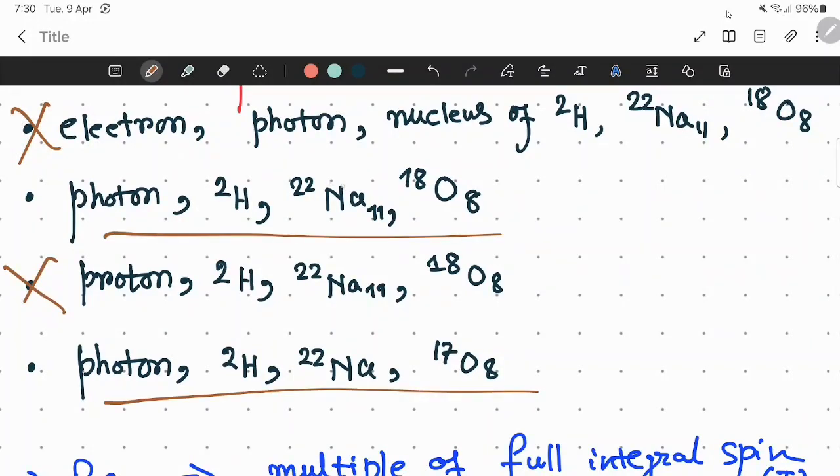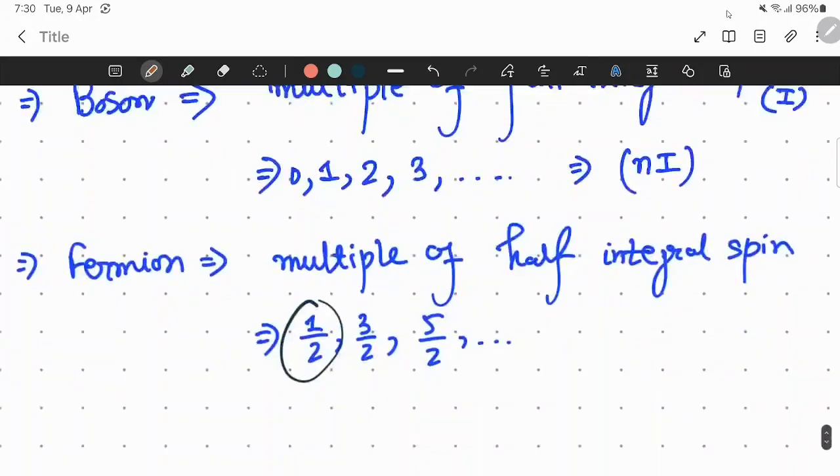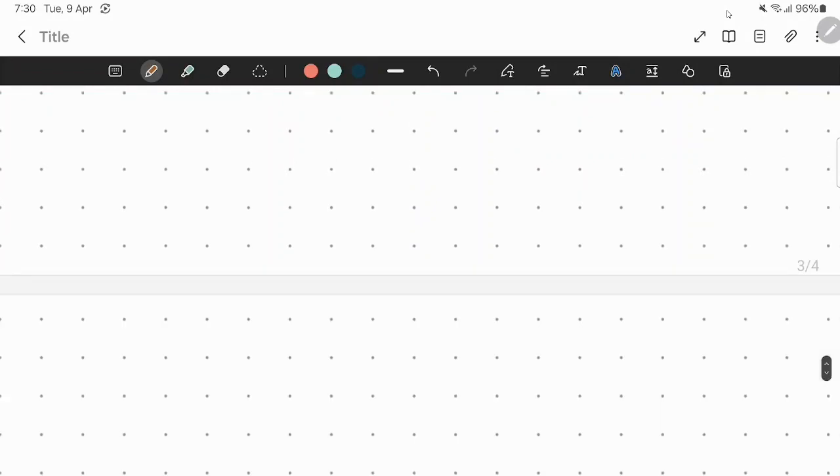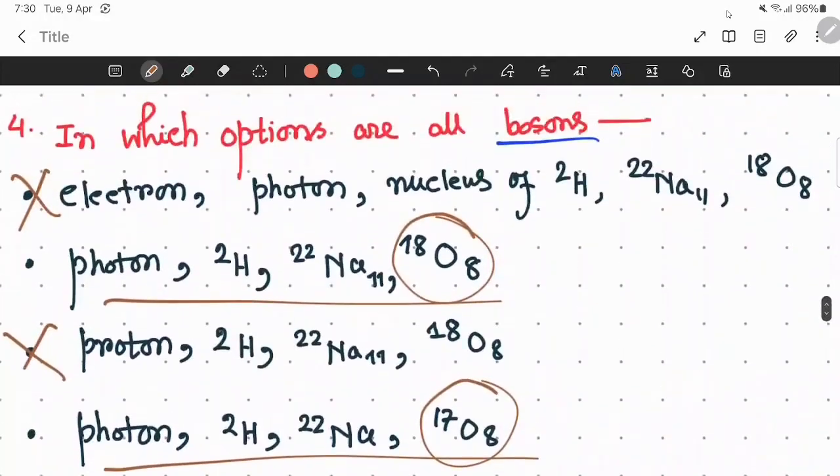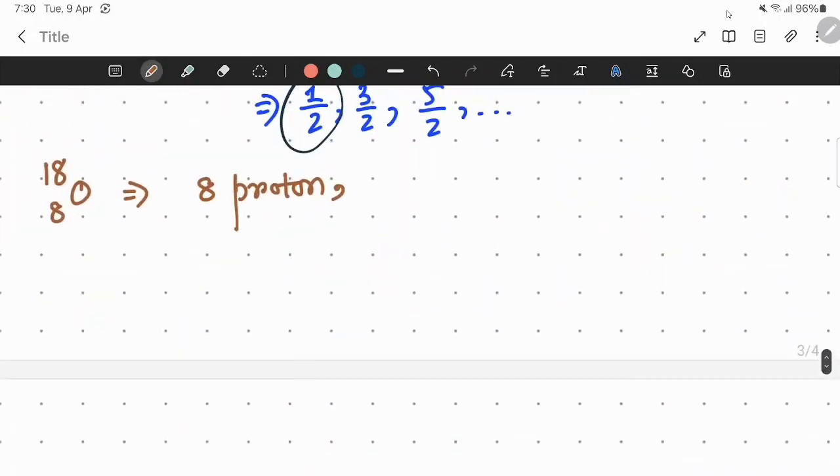Now you can directly see that these three are common. Only here is oxygen 18 and here is oxygen 17. That we have to now consider. Okay, so oxygen 18. This means there are 8 protons because we are considering the nucleus. So 8 protons and 10 neutrons.